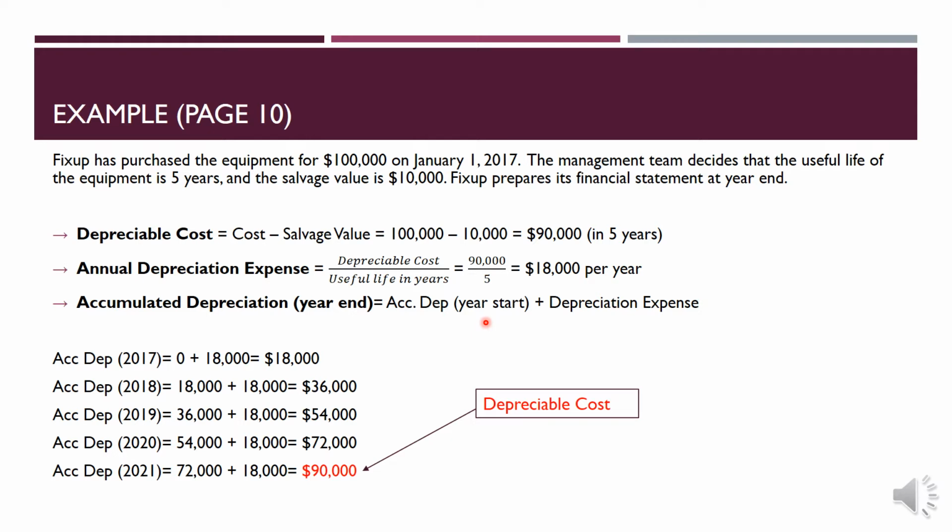At the end of 2019, the total accumulated depreciation expense is $36,000 plus the $18,000 of this year, and it will go till the company finishes its useful life, which is after 5 years, and that is in the year 2021. And the total accumulated depreciation will be equal to the depreciable cost, and that's the case for all the 3 different methods.